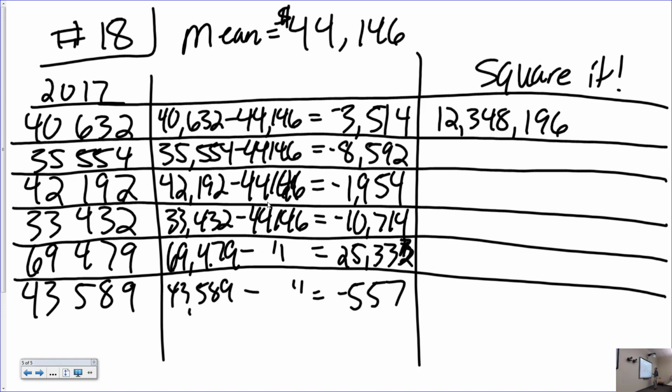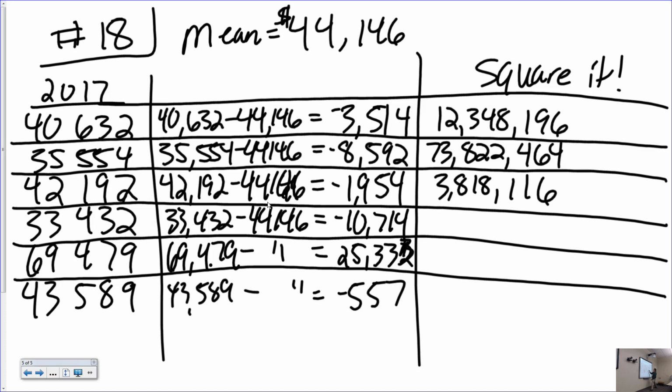Okay. 8,592 squared is 73,822,464. 1,954 squared is 3,818,160. And 10,714 squared.